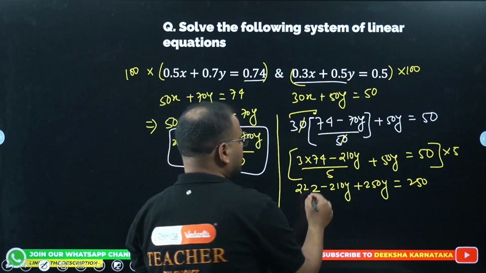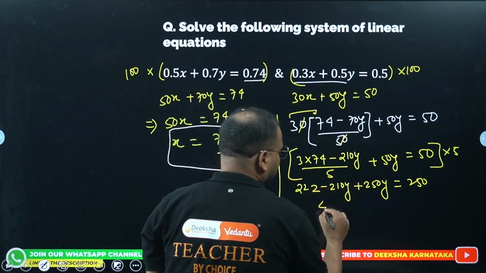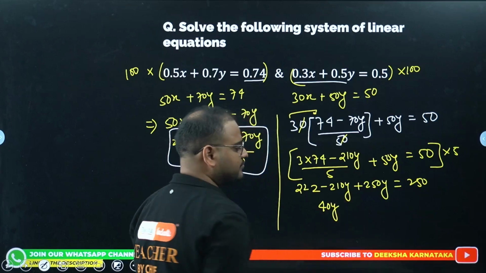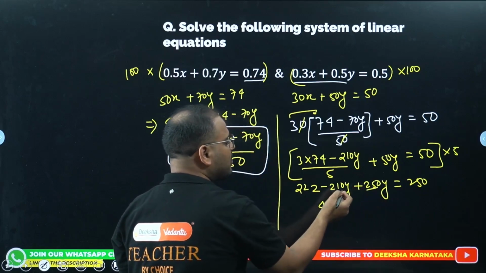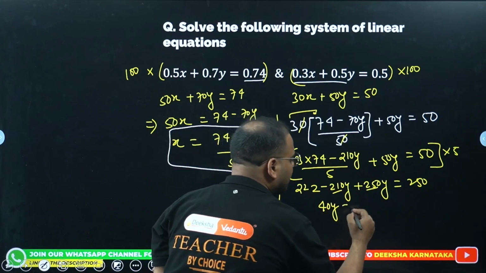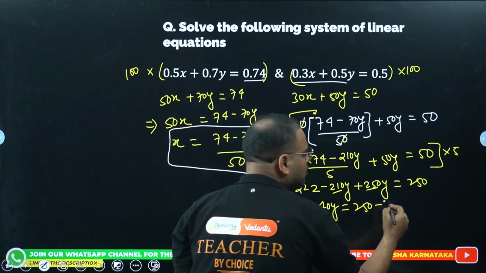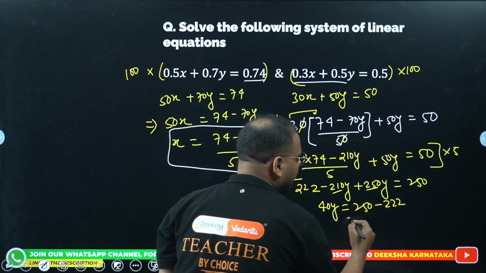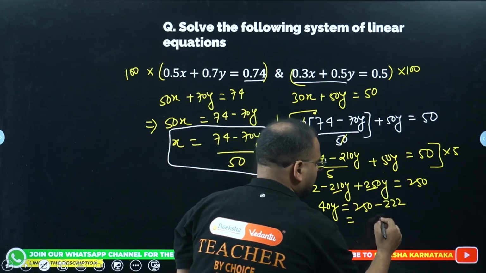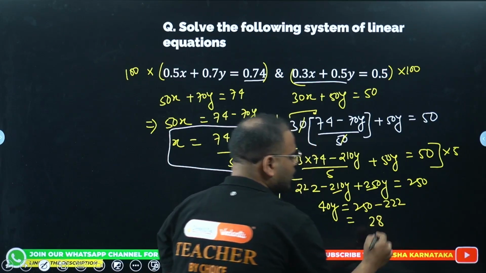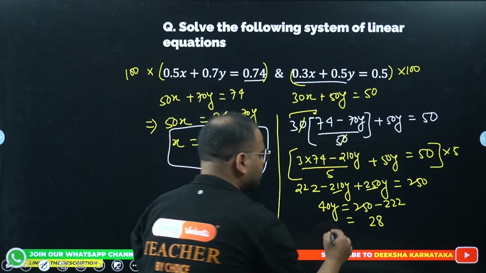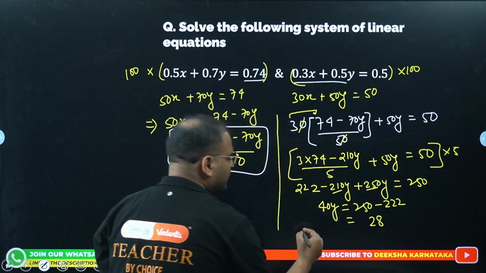This will become 40y, right? 250 minus 210 is 40y, and this will become 250 minus 222. What am I going to get? 28.